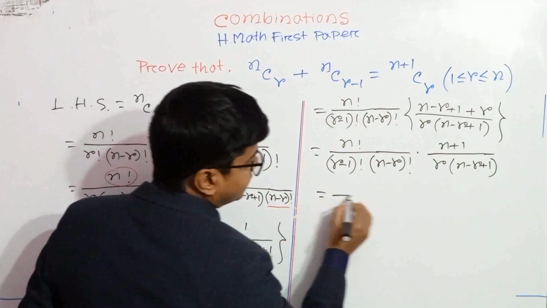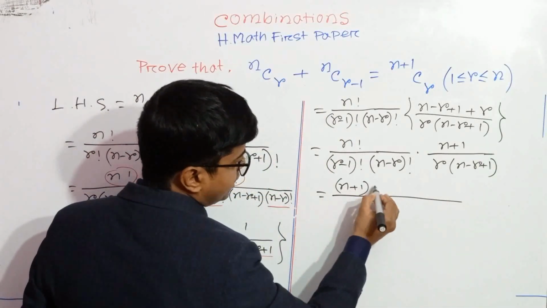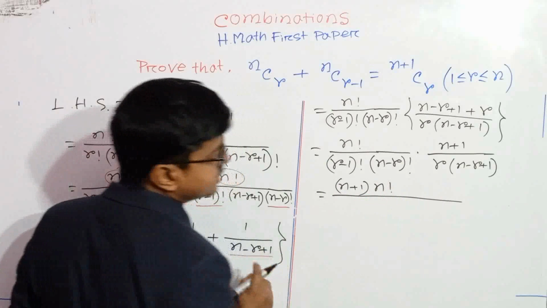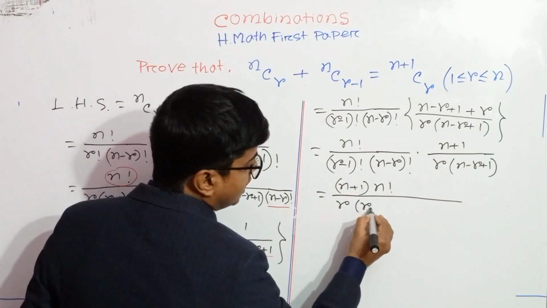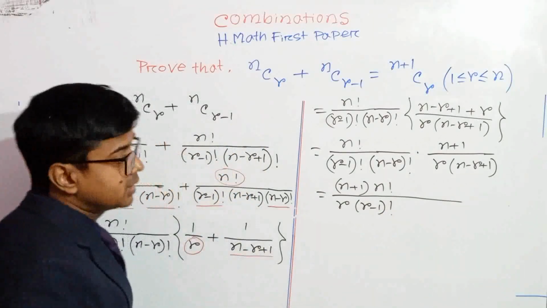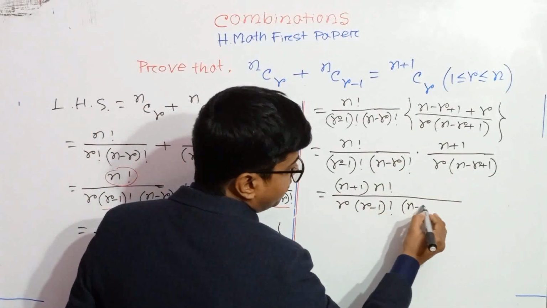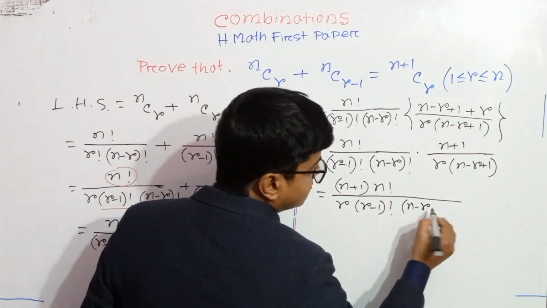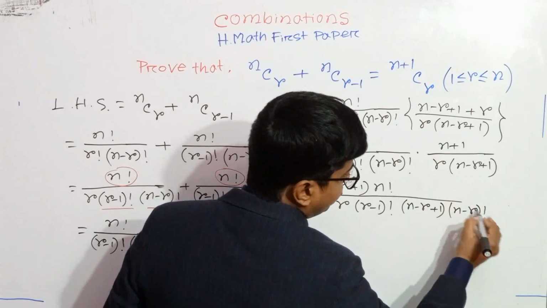So we can write n plus 1 into factorial n, over r into factorial r minus 1, and for these two parts it will be n minus r plus 1 into factorial n minus r.